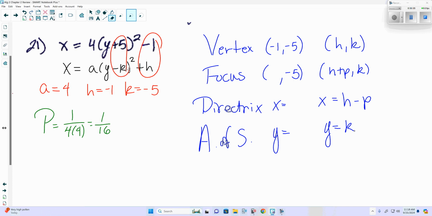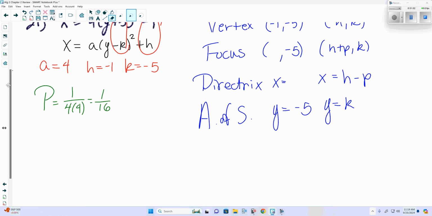That's why I keep referring back to the general form. X equals h minus p. We haven't calculated that, but that's fine. Axis of symmetry, y equals k. Well, k is -5. Now, even if you don't get the rest of it, you have essentially 80% of this problem done, because the only thing we're missing is h plus p, h minus p.